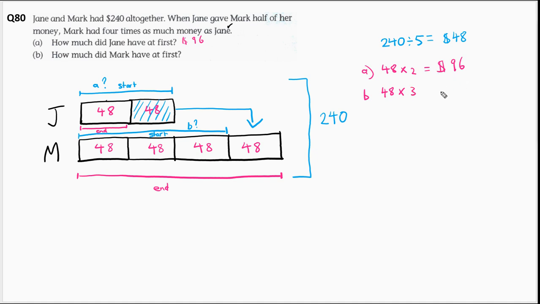Or you could do 96 plus 48 if you liked. That would be completely up to you. Either way, you get an answer of 144. So that's the answer to B. I hope that made sense.